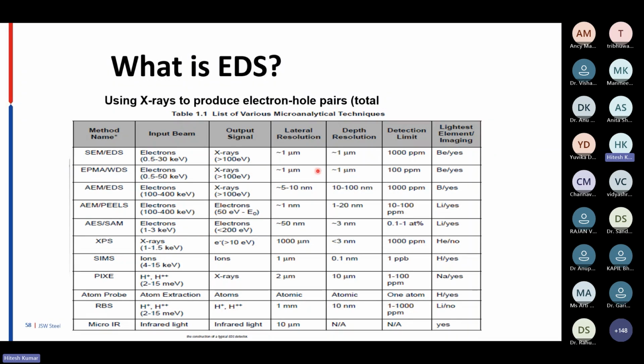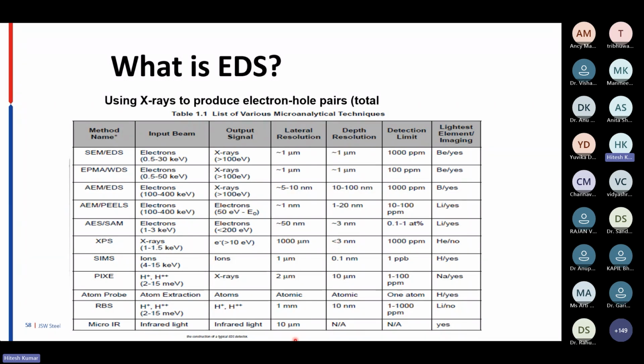WDS is again around 1 micron. If you improve your lateral resolution, 5 to 9 nanometers is possible in AEM and EDS. With XPS, the lateral resolution is 1,000 microns, and the depth resolution is around 3 nanometers.